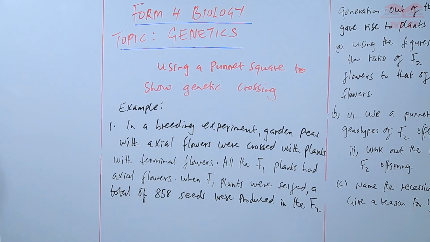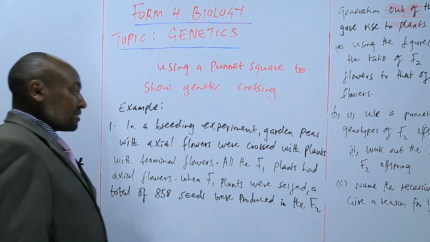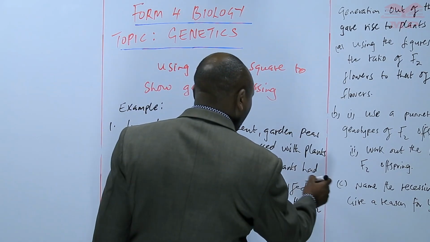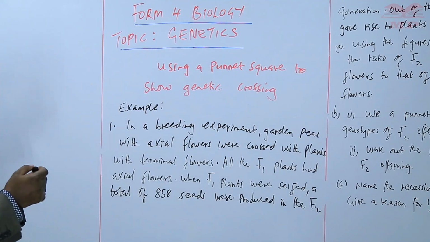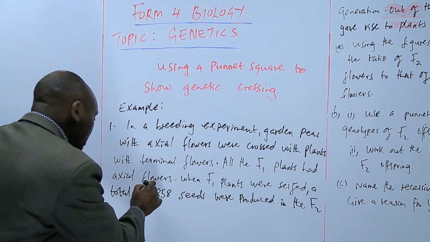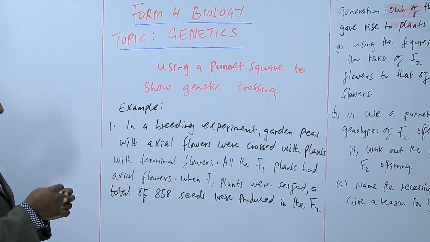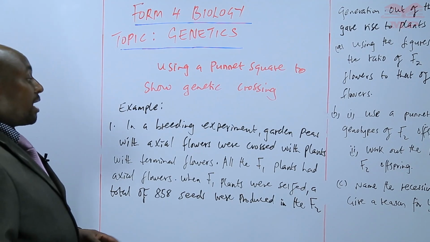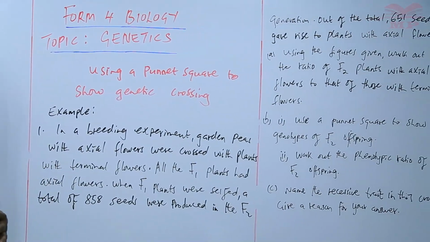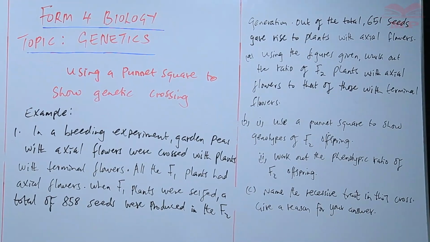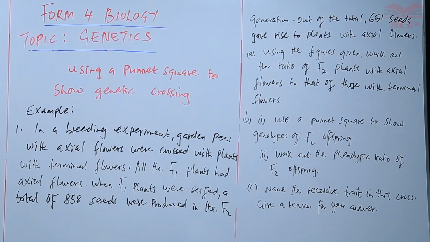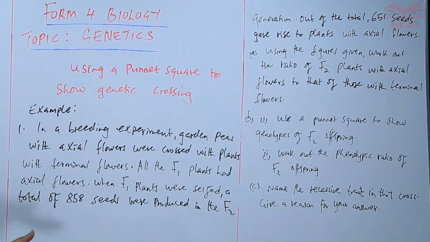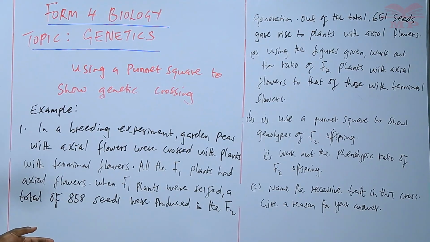And then when F1 plants were selfed, which is more or less self-pollination, a total of 858 seeds were produced in the F2 generation, out of which 651 gave rise to plants with axial flowers, and the remaining ones had terminal flowers.